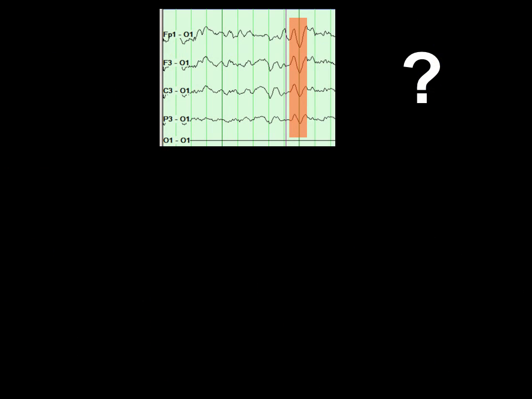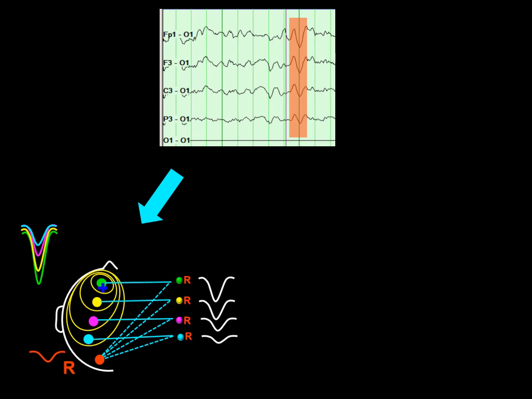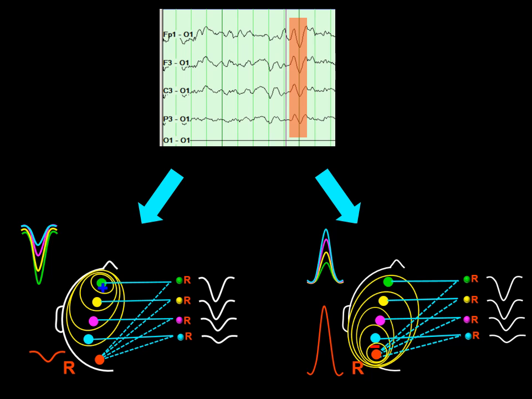So we go back to the tracing in question and conclude that either we are dealing with a frontopolar positive field being recorded from a reference electrode corresponding to its minimum, or we are dealing with a posterior polar negative field being recorded from a reference electrode corresponding to the maximum of the field.